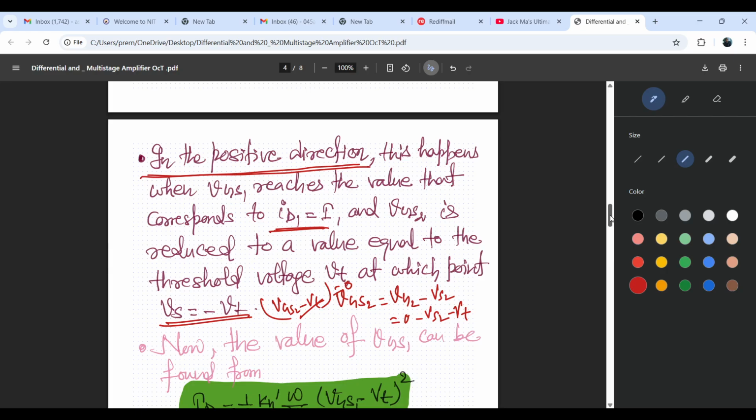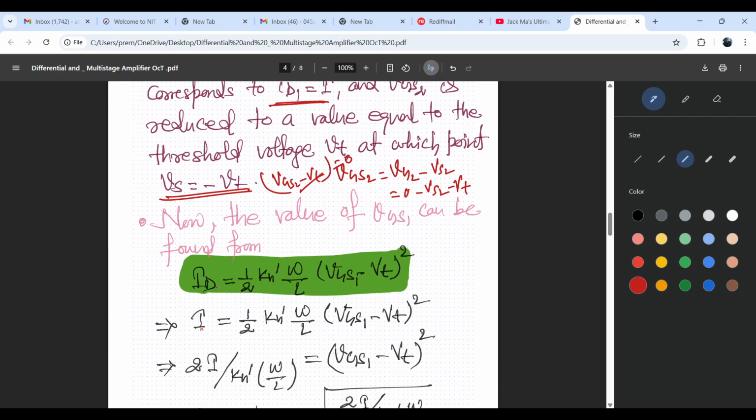Now ID will be I, so we have to flow the current through transistor Q1. We can write I equals 1 by 2 Kn dash W by L times (VGS minus VT) whole square.